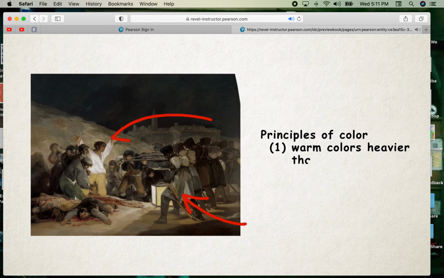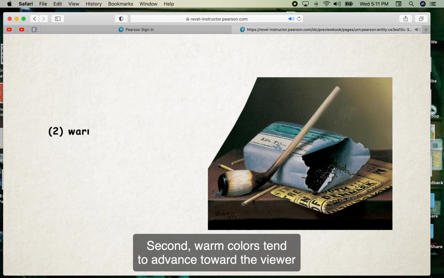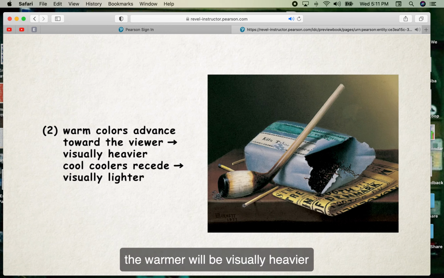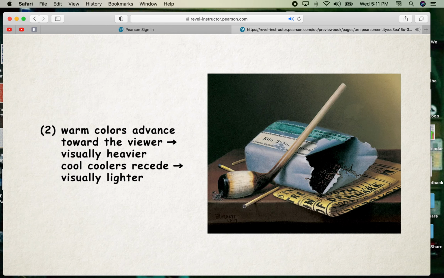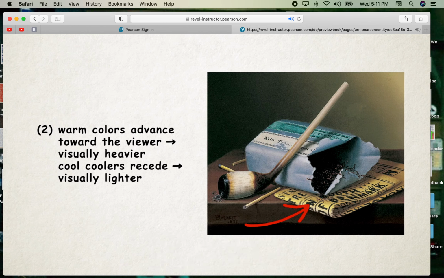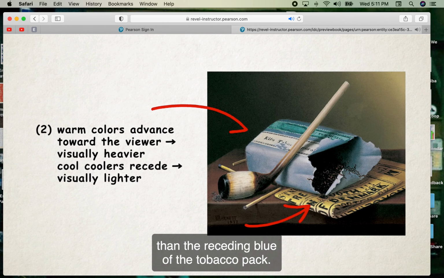soldiers on the right. Second, warm colors tend to advance toward the viewer, while cool colors tend to recede. This means that when considering two similar forms of opposing temperature, the warmer will be visually heavier because it seems closer to the viewer. In William Harnett's A Smoke Backstage, the warm yellow of the folded newspaper advances more than the receding blue of the tobacco pack.